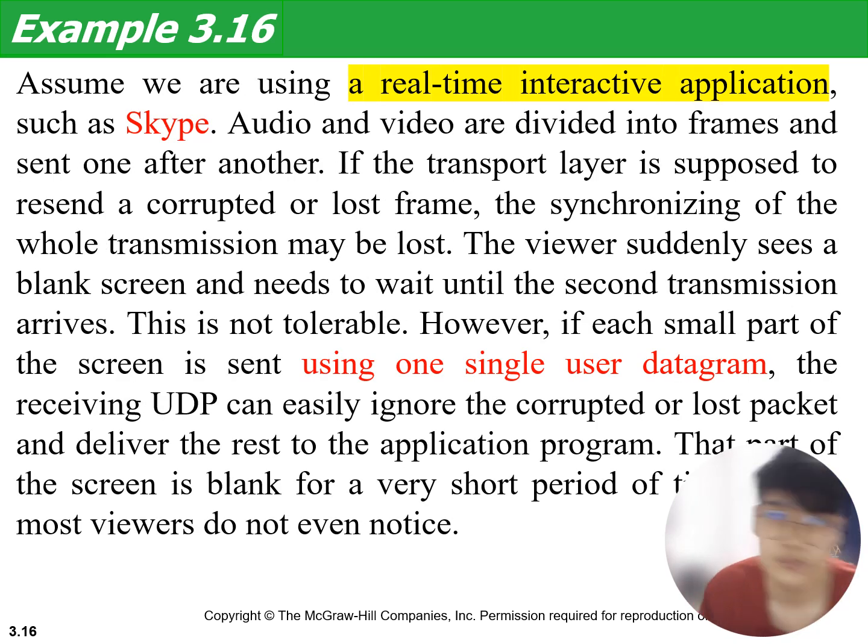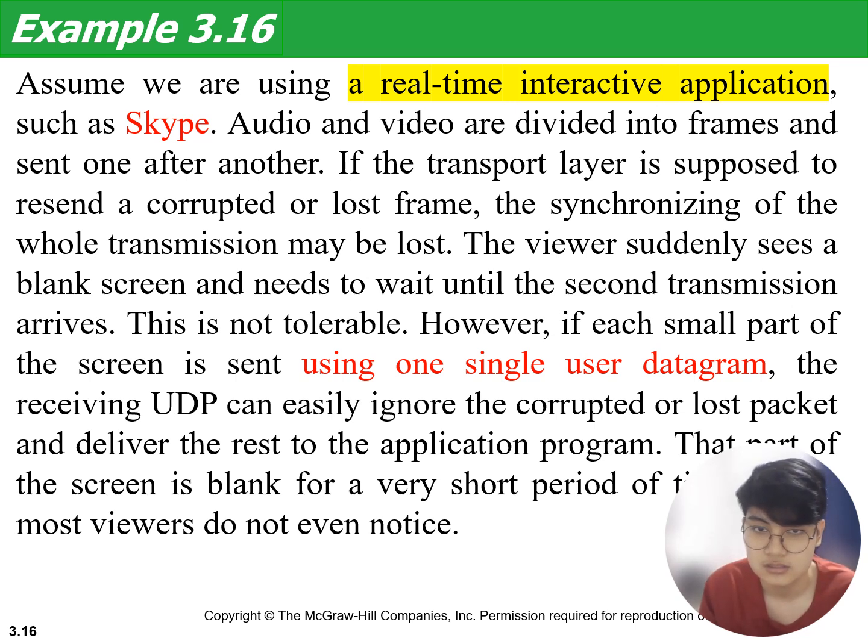Assume we are using a real-time interactive application such as Skype. Audio and video are divided into frames and sent one after another. If the transport layer is supposed to resend a corrupted or lost frame, the synchronization of the whole transmission may be lost, or the viewer suddenly sees a blank screen and needs to wait for the second transmission.